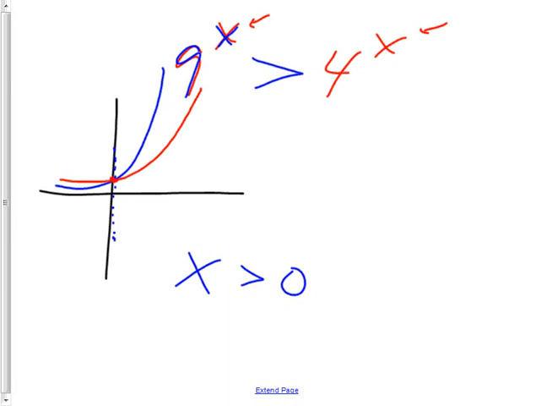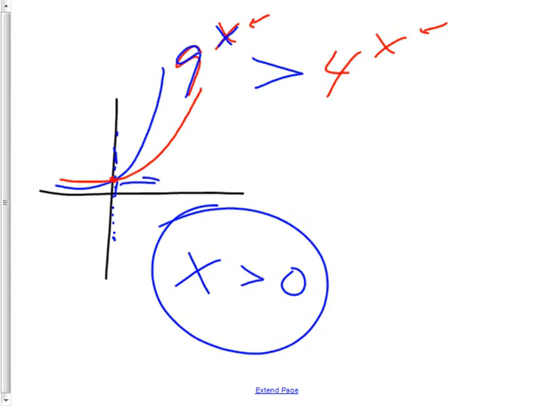If you look at the graph, it's going to be higher. Another way to say it is if you actually put in a negative for x, it kind of reverses things. So x is bigger than 0, because that's the part of the graph where the blue one is higher than the red one, from here over that way.